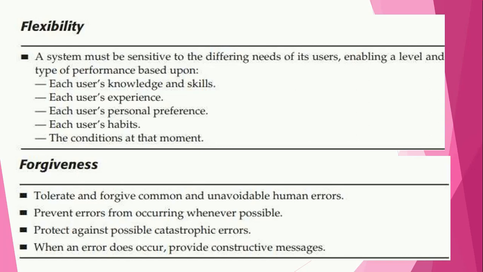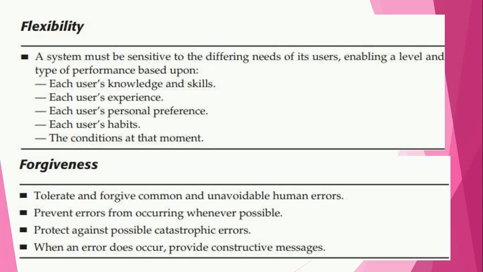Suppose, for example, you have an automatic washing machine and a non-automatic washing machine. Two kinds you have. So if you are comparing flexibility, the automatic washing machine is more flexible.